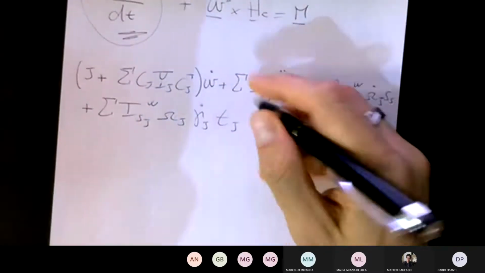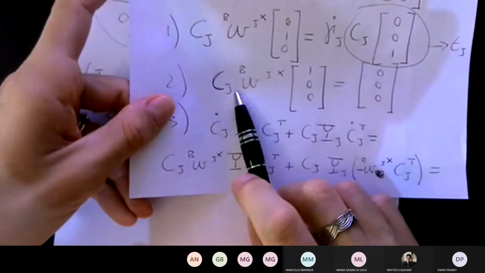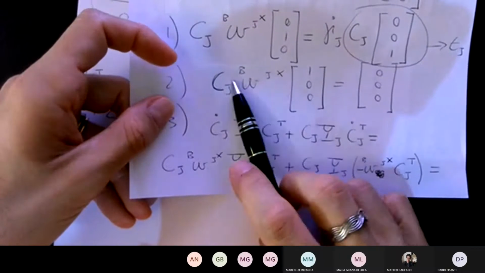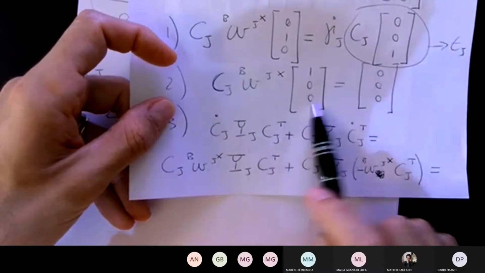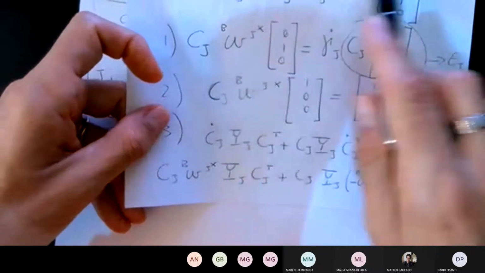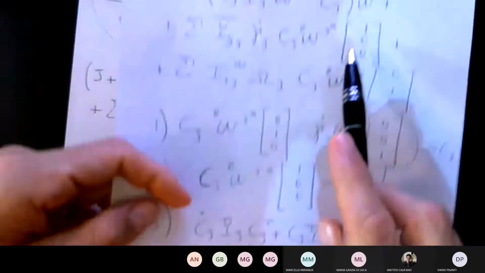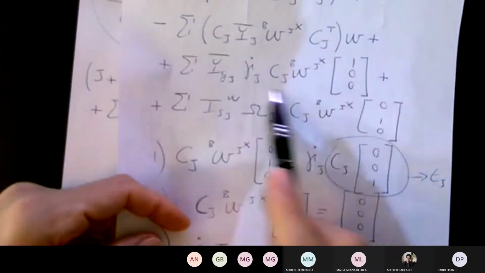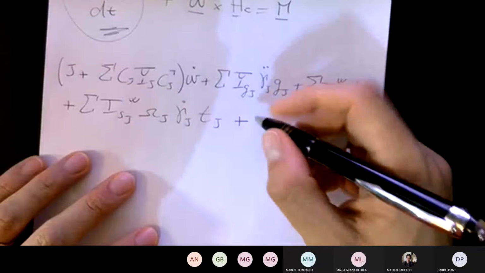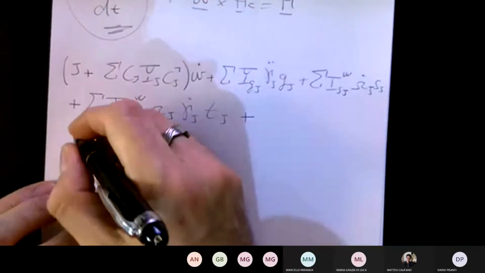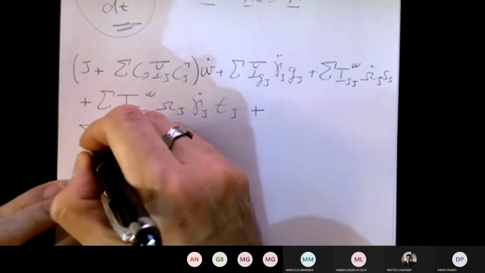And then, remember there was the second property we found, this one, that Cj times omega j with respect to b skew symmetric matrix applied to (1, 0, 0) is 0. So this term goes away. Do you see it? So what am I left with? Well, I'm left with this summation. The third property.